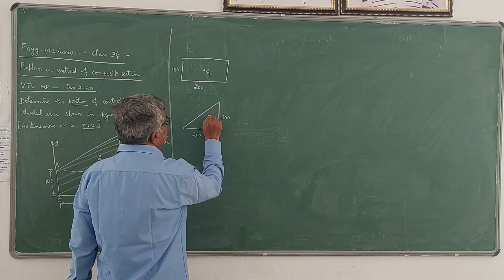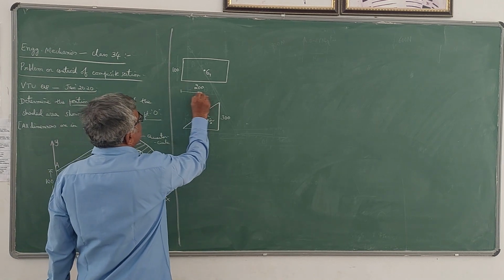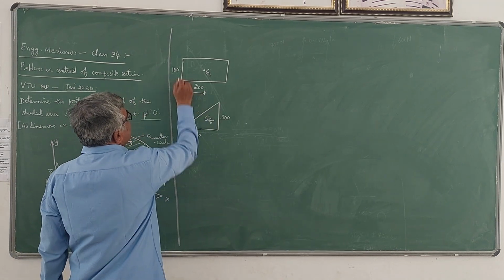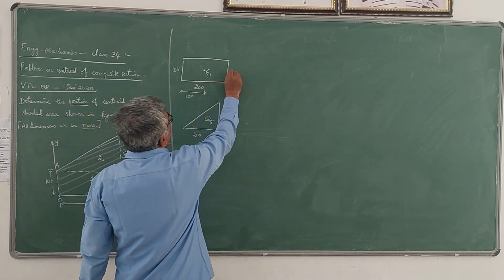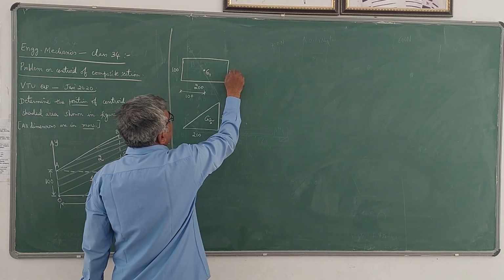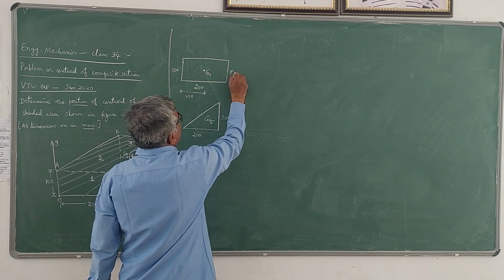Here the centroid will be here, G2. Now you can see here the distance of the centroid from this edge is 100 mm because the width is 200, and the distance from this bottom base is half of 100, that is 50.